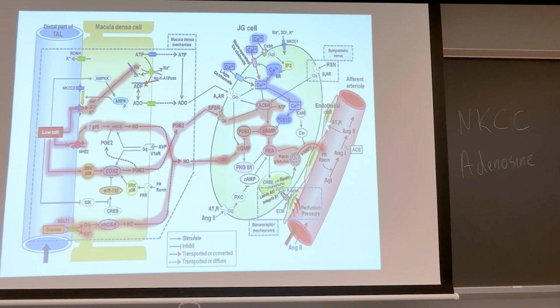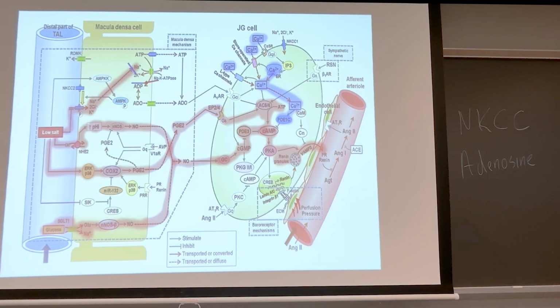Notice what the receptor does. It's G-coupled. It does two things. It stops this AC, adenylate cyclase, and activates an intracellular release of calcium. You see that? This intracellular release of calcium happens because of IP3. And we know what that is, right?